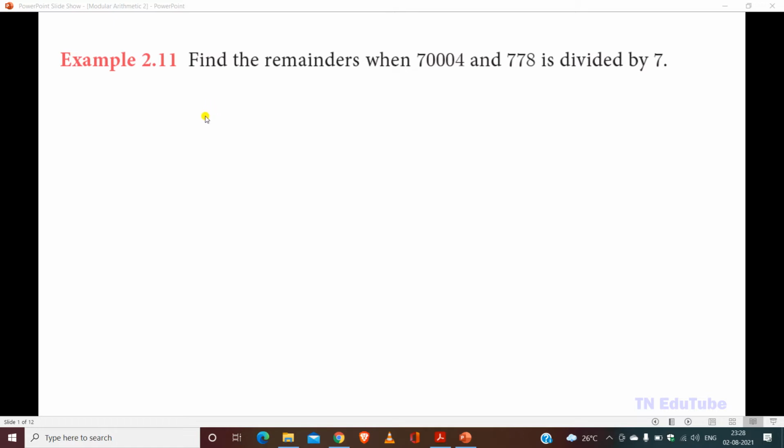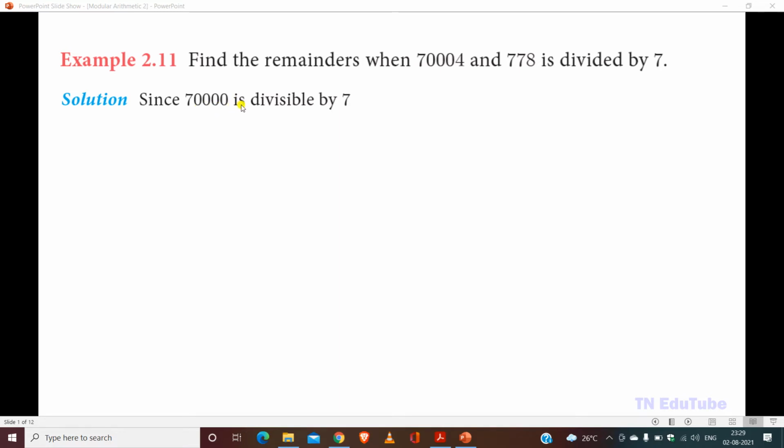So you have to use congruence modulo to find the remainders for these numbers when divided by 7. It's one easy method. Here it is 7, the remaining numbers are 0 0 0, isn't it? 70,004. So you simply take 70,000.